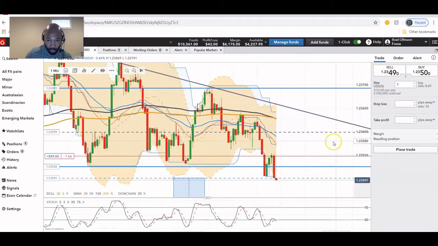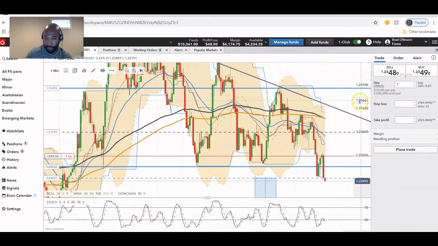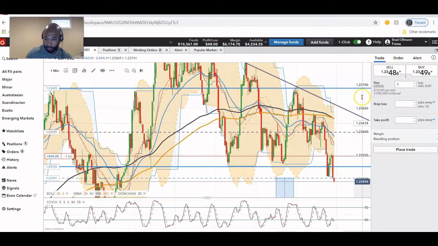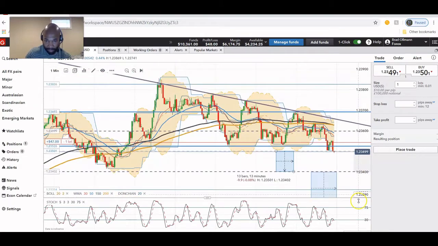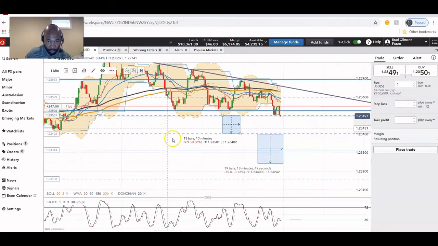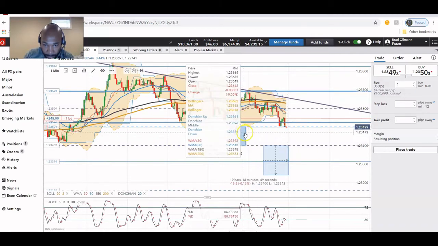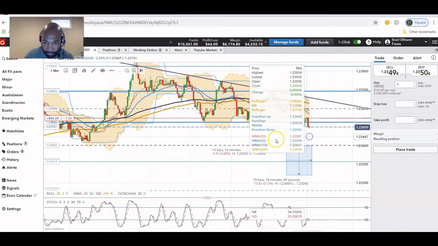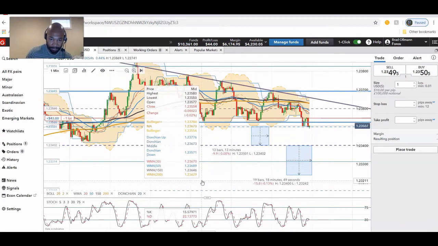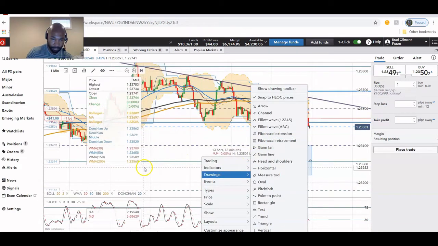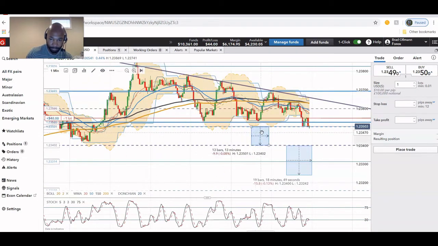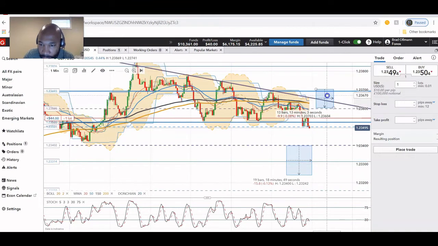Now, one of the rules of a consolidation is what I measure it by. So for example, this is, sorry, it's a little clunky. So for example, from here to here, how much is this?